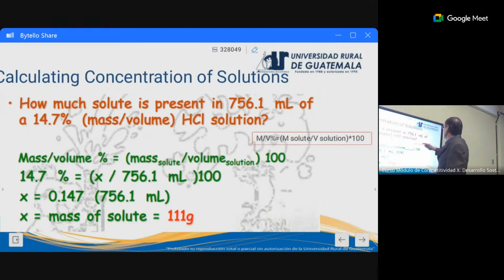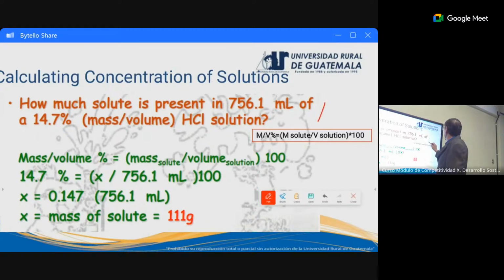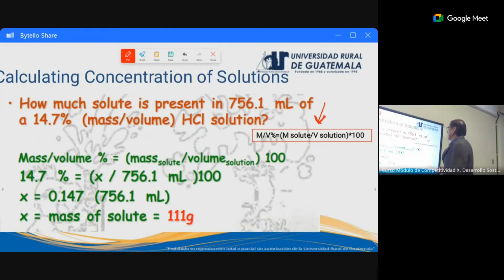We are going to use this formula here that we had in our list of information before. So in this case, they are asking how much solute.